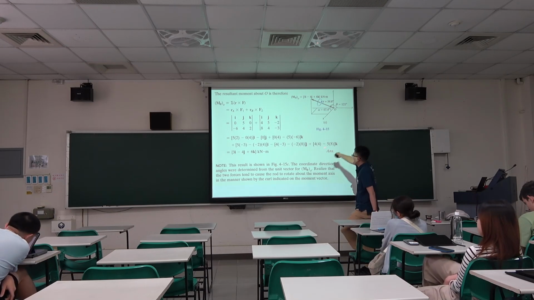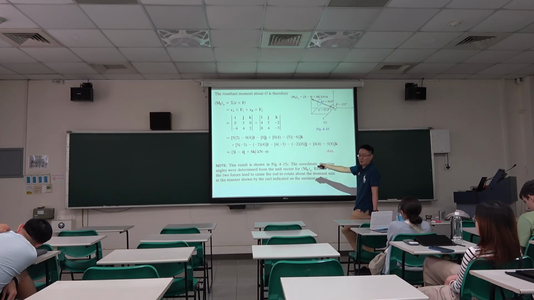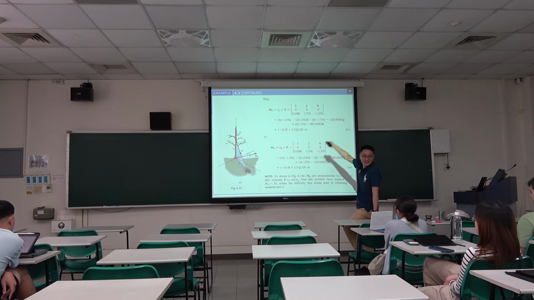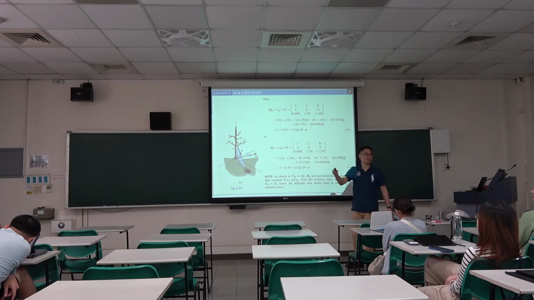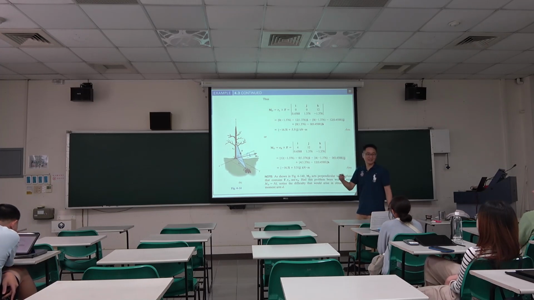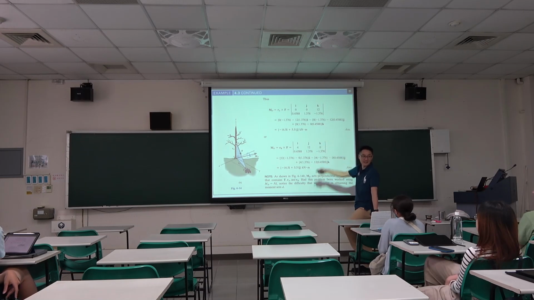The calculation procedure is the same as this part. Of course, if the components are not zero, you should spend more time calculating the value, but the rule is still the same.